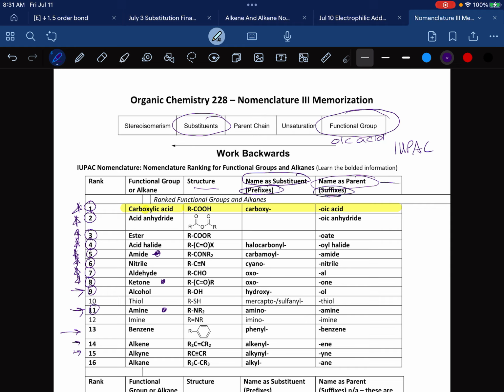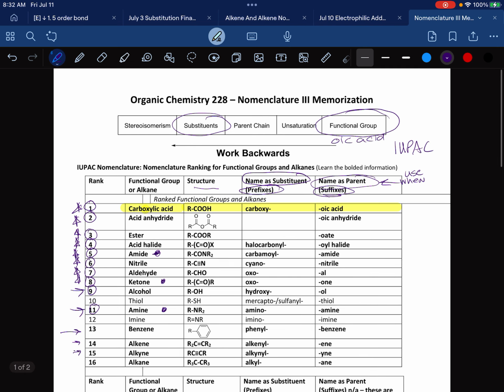So the suffixes are what we use when a functional group is the highest ranked functional group in the molecule. Now, then anything else that exists is going to be named as the substituent. And just a reminder that the substituents get listed alphabetically.